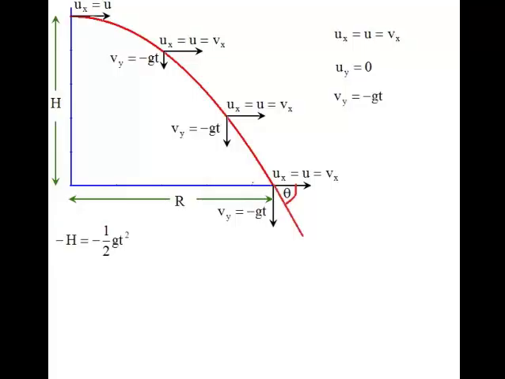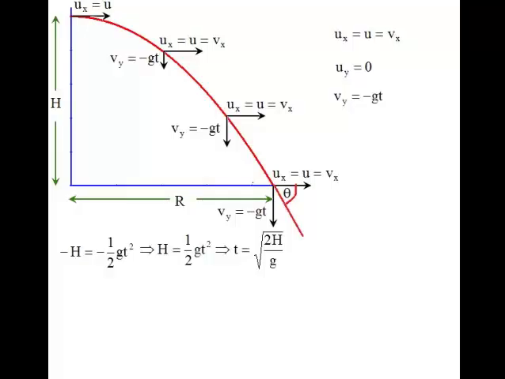Since the negative sign is removed from both sides of the equation and we are ultimately left to find the time, we simplify the equation to the final stage and write it like this. The equation gives us the time of flight, which is under root of 2h upon g. Now we have got the time of flight. In the same time the body will move in the horizontal direction.